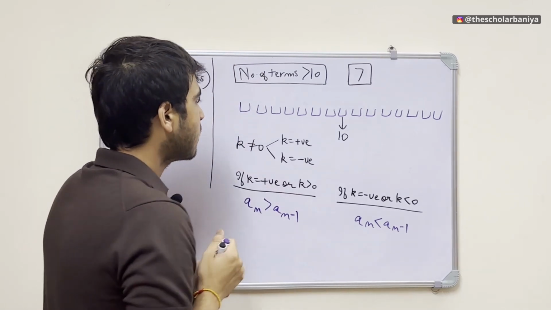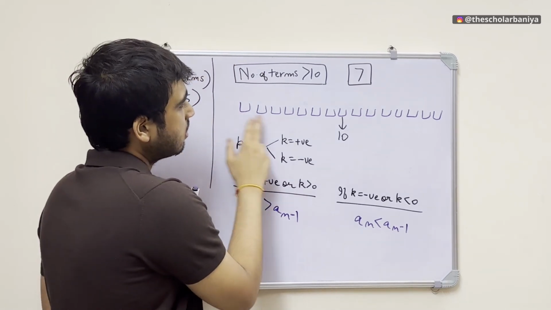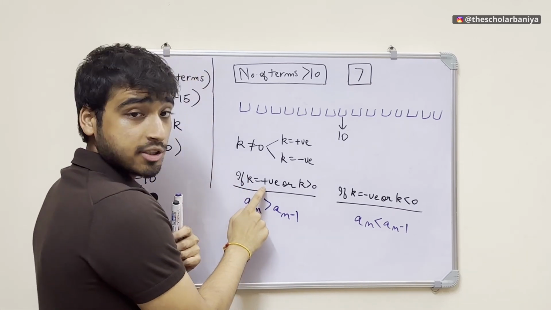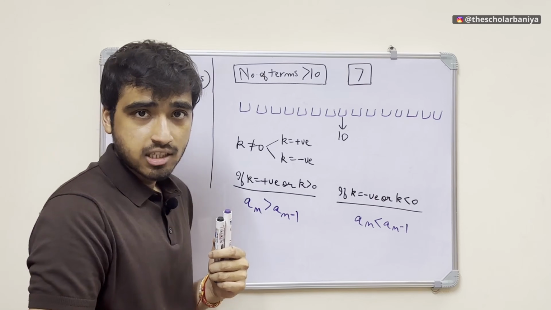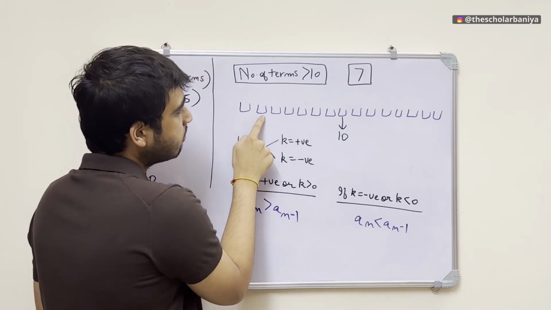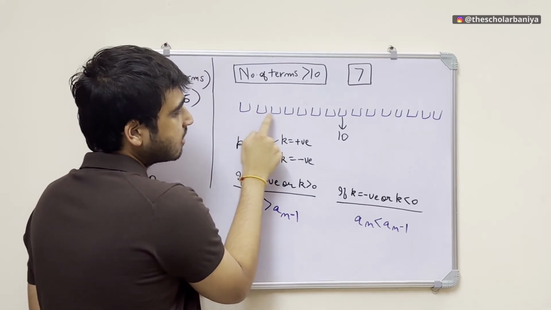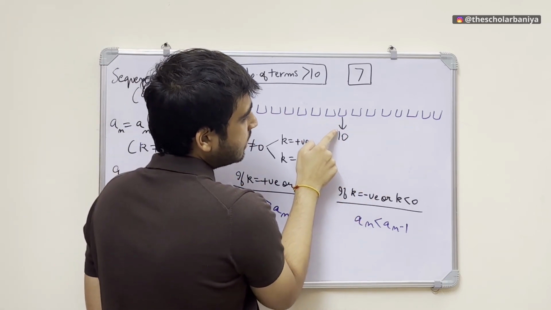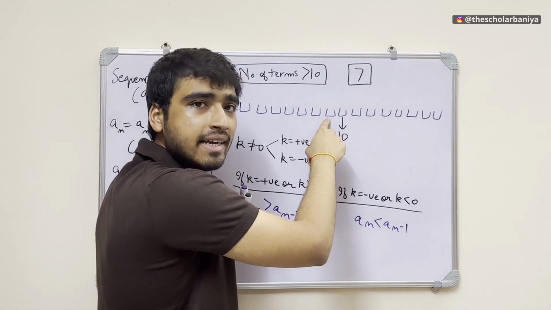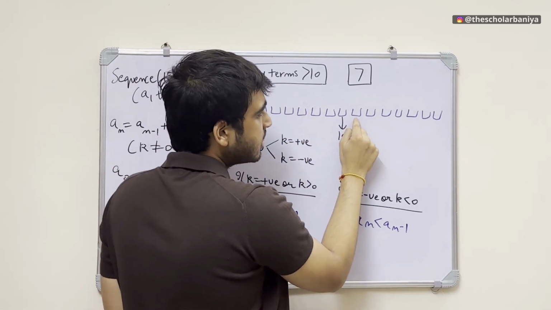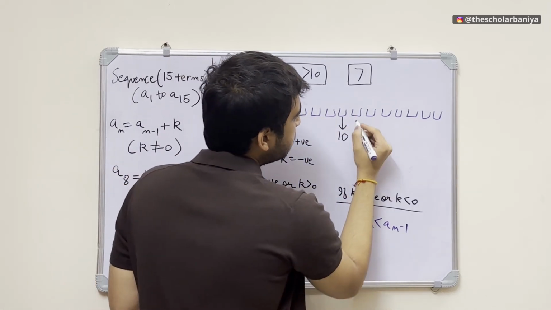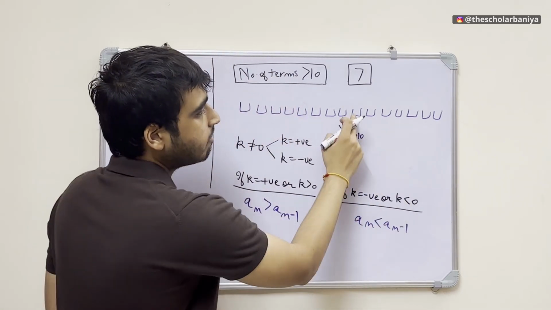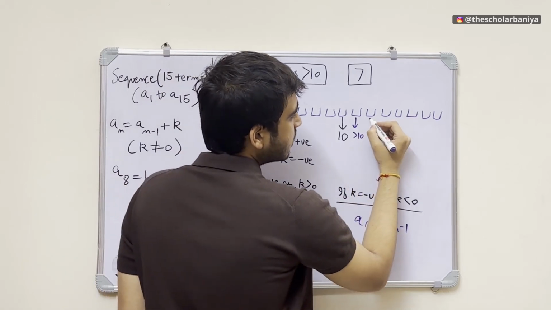So what I mean is that, let's suppose this is 10. If k is positive, then an will be greater than an-1, which means this term will be greater than this term, which will be greater than this term, and so on. So 10 will be greater than the term before it, meaning the next term will be greater than 10. Similarly, each following term will be greater.